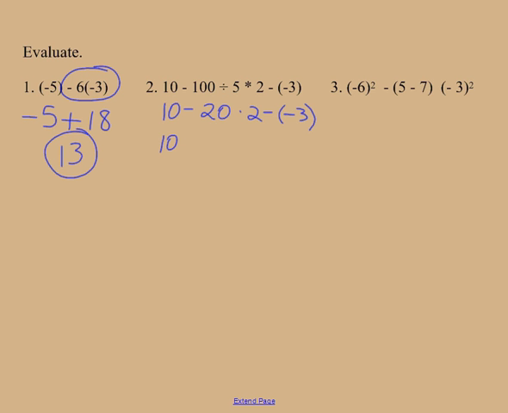So 10, bring down the minus sign. 20 times 2 is 40 minus a negative 3. Now, we can work from left to right. 10 minus 40 is negative 30, minus a negative 3. Well, subtracting a negative is the same as adding a positive, plus positive 3. So negative 27 is our answer.